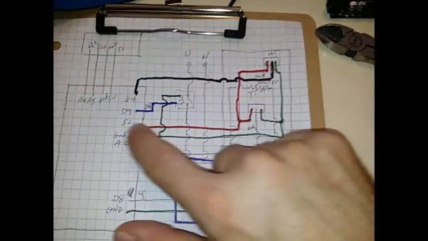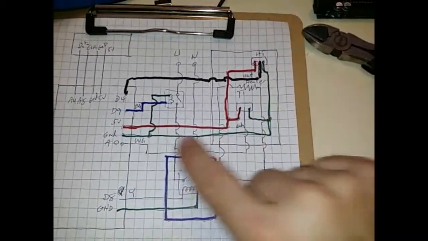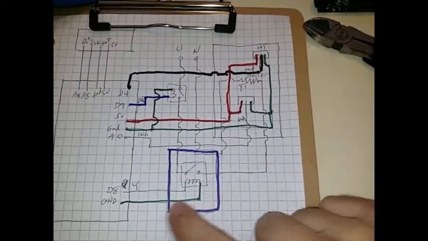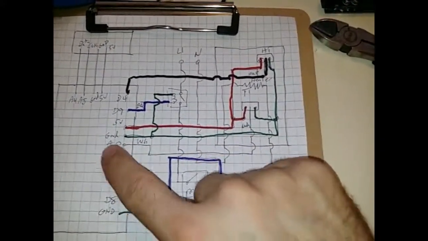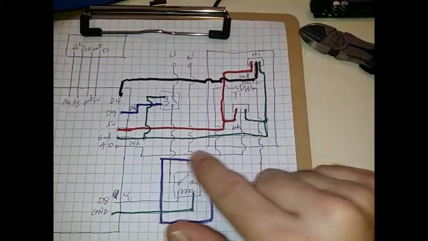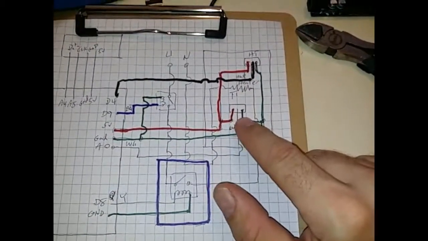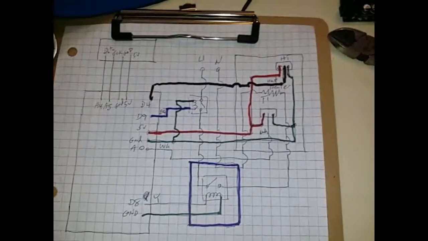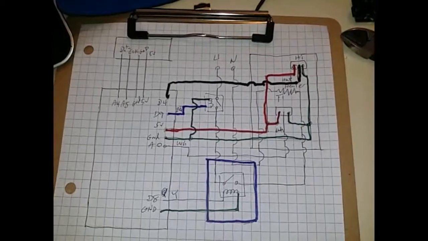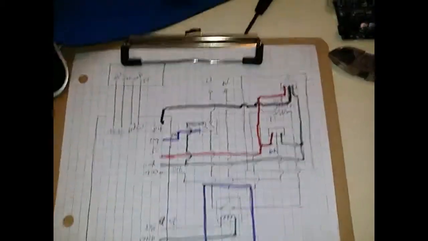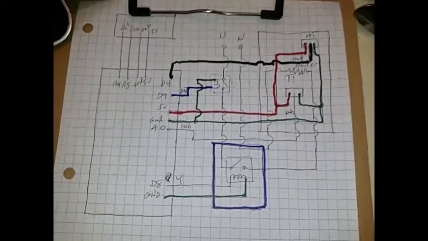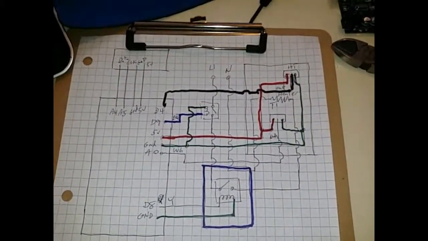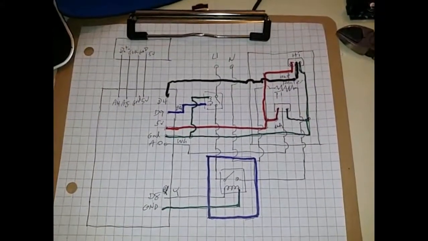And then the red is 5 volts, the green is ground. The white one here is A0, going to the internal temperature sensor that tells me what the heater temperature is at. Again, I'm using the Arduino UNO for this project. Alright, and so I'll go ahead and show you the code.